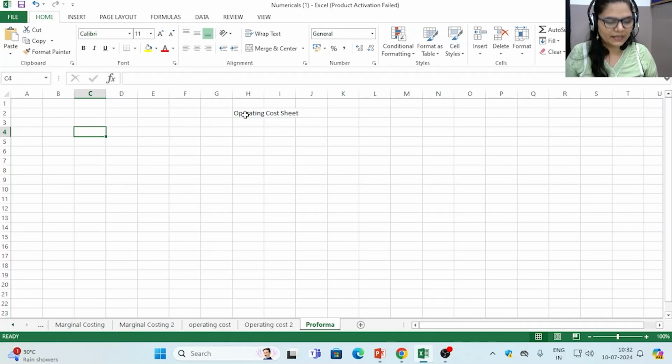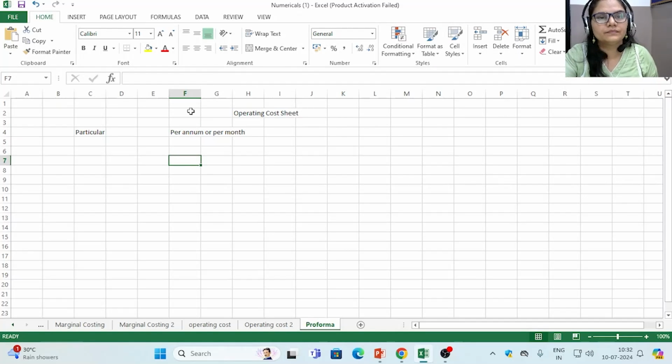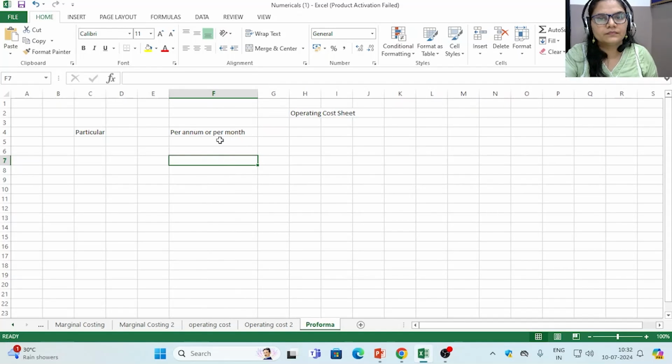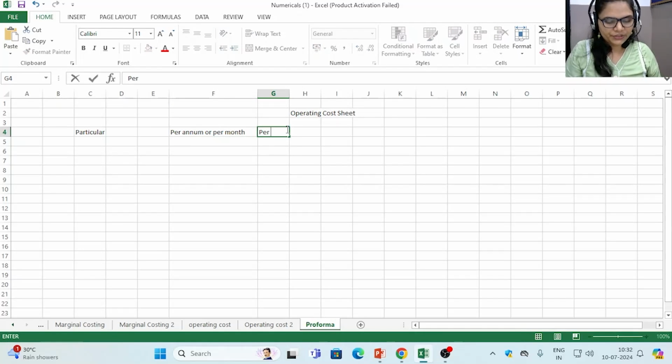The format is prepared with a particular column, per annum or per month, and next per kilometer. This is basically an operating cost sheet when we are talking about only one vehicle.